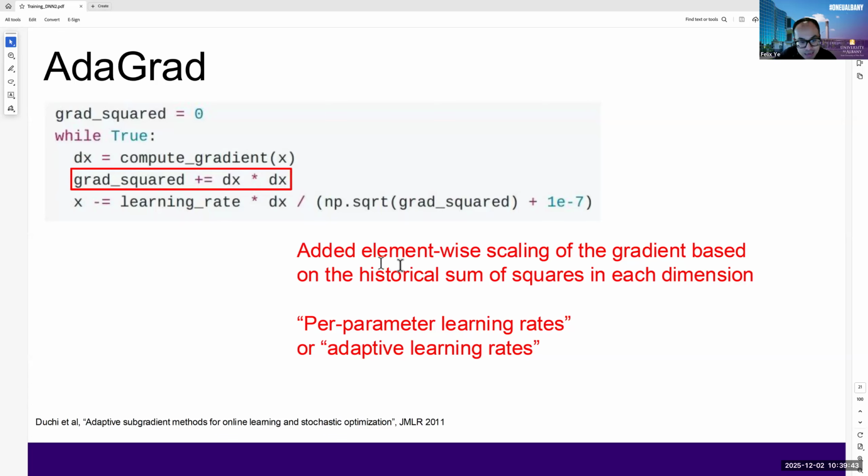This adds an element-wise scaling of the gradient based on the historical sum of squares in each component.